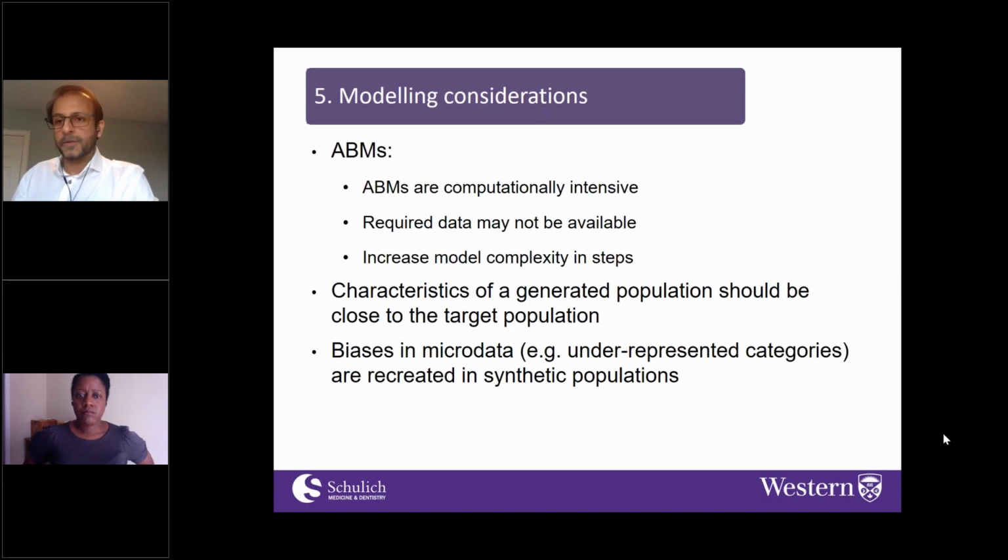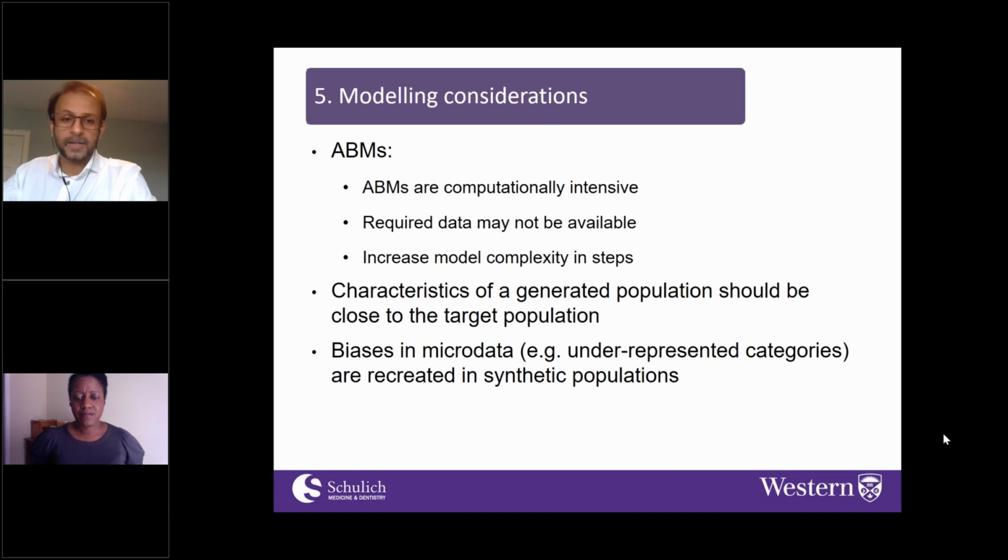But they also tend to be computationally intensive, and that's one of the things that some guidelines very clearly mention: that these models are both technically more cumbersome, and computationally more intensive. The data requirement is also much higher for these models, and they may not always be available. So one of the recommendations is that you start with simpler models and add in complexity as required.